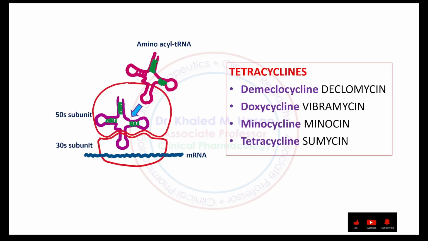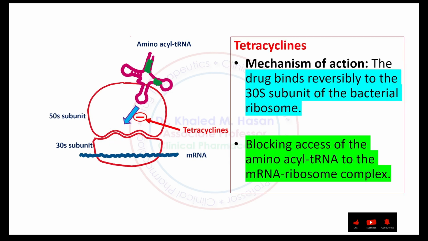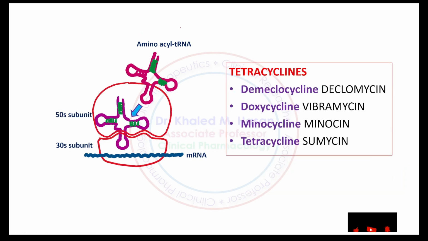Okay, so regarding the tetracycline mechanism of action, first of all, we need to look at what we have here. As you can see, we have amino acid transfer RNA trying to bind to the messenger RNA. And we have two ribosome subunits here, the 50S subunit and the 30S subunit.